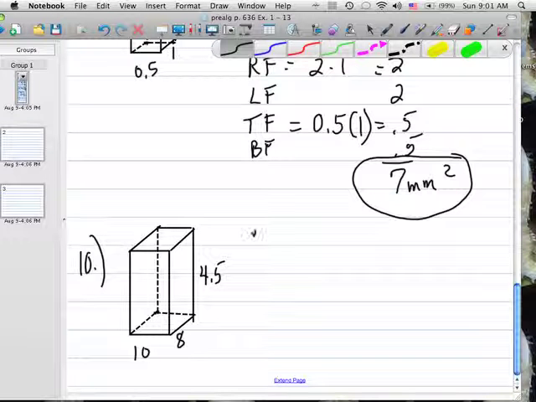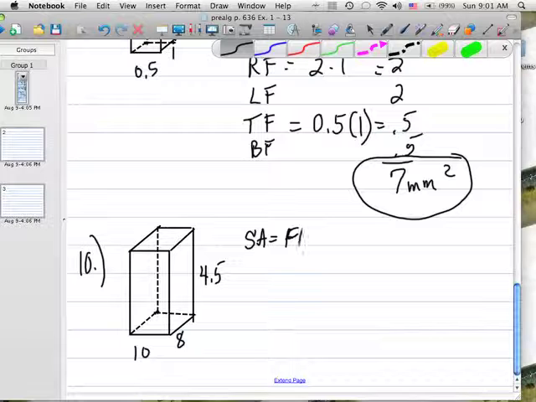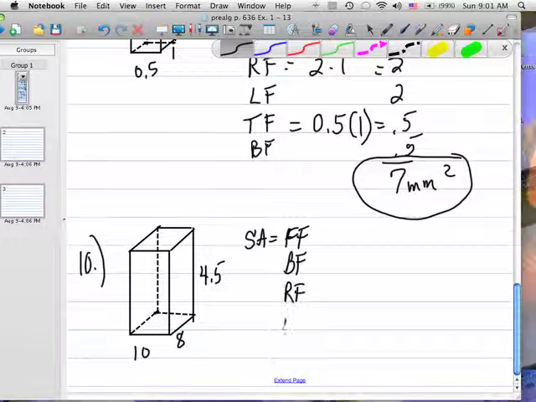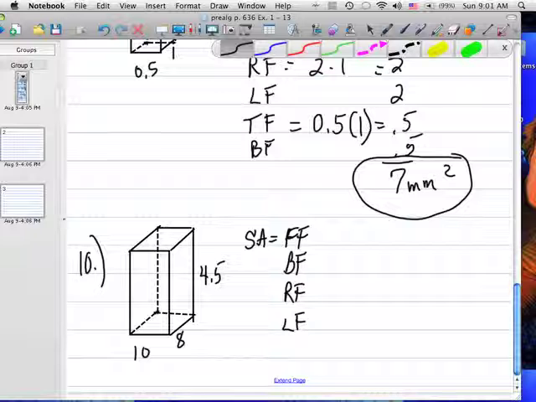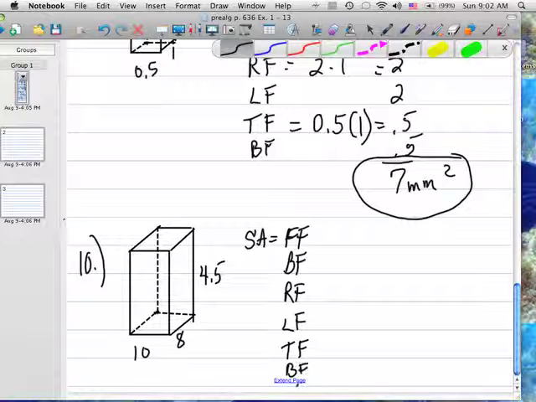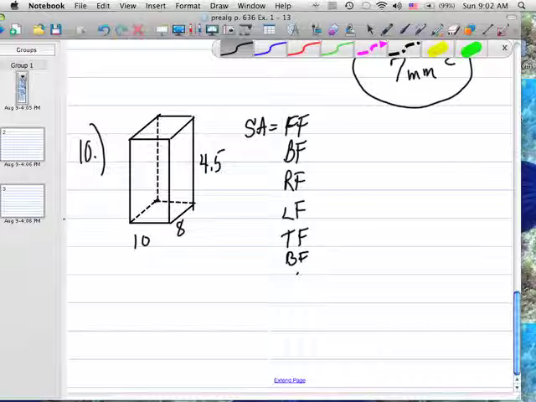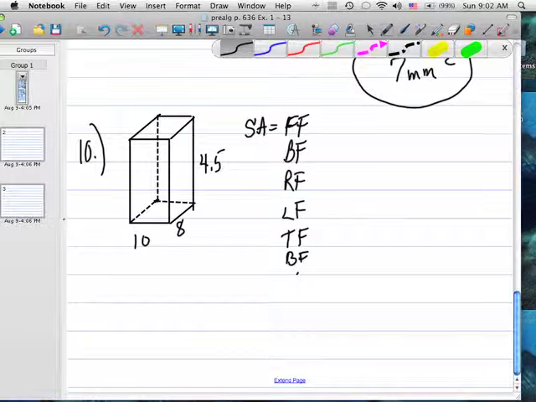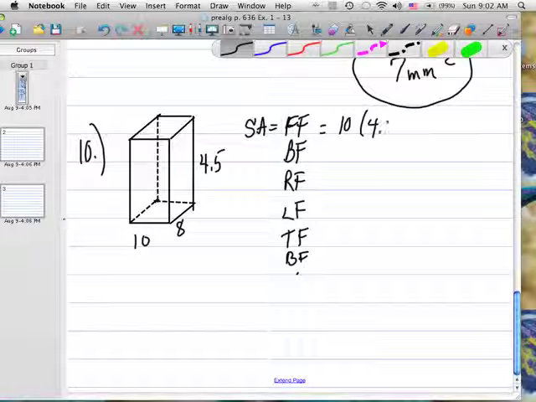So the surface area will equal front face, back face, right face, left face, top face, and bottom face. Okay, let's start with the front face. This would be here. It's 10 long and 4.5 high. So 10 times 4.5 is 45.